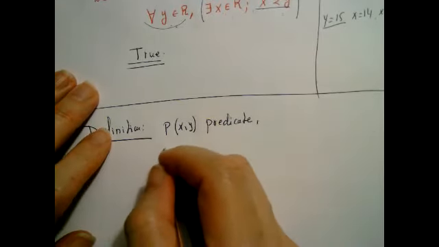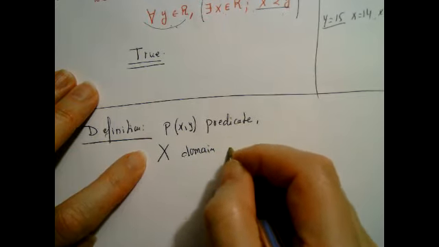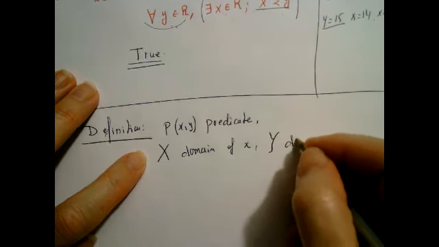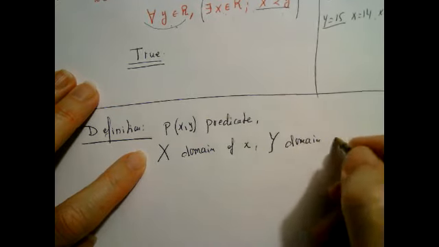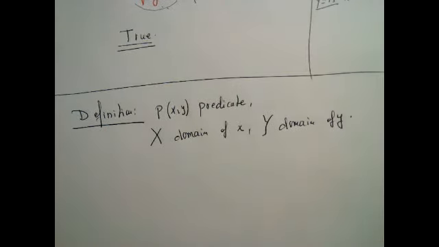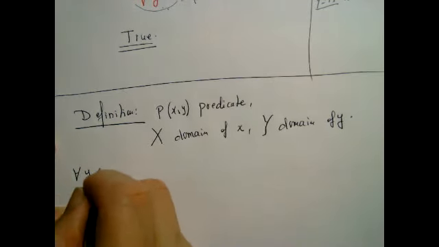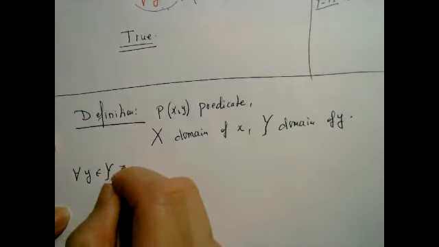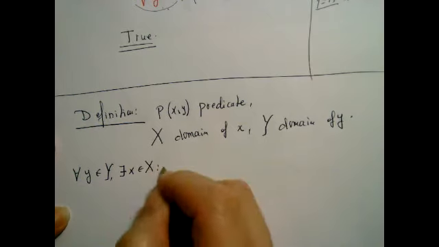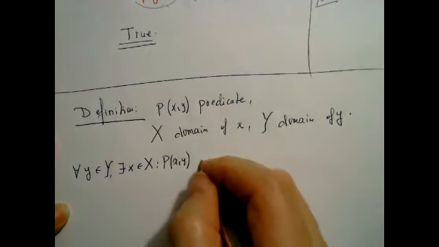And big X is the domain of the variable x, and big Y the domain of y. The statement: for all y in Y, there exists x in X such that P of x, y is true.